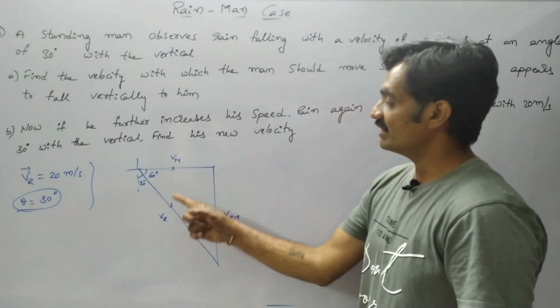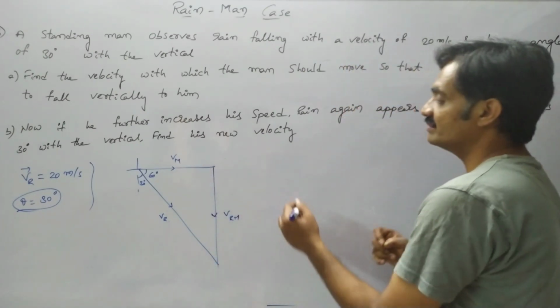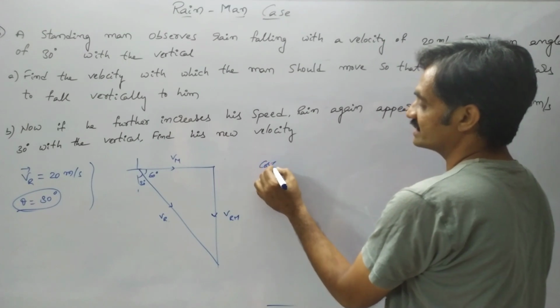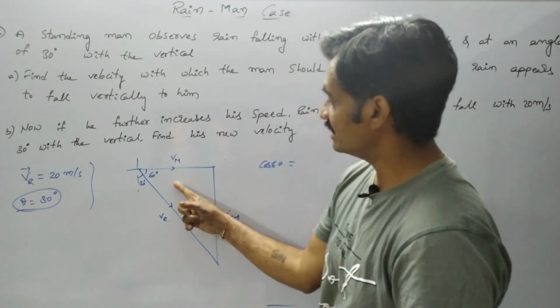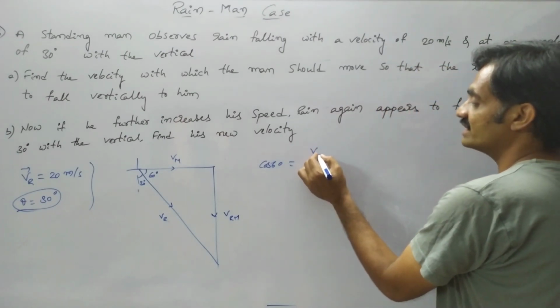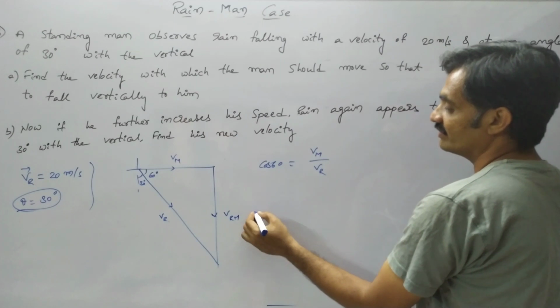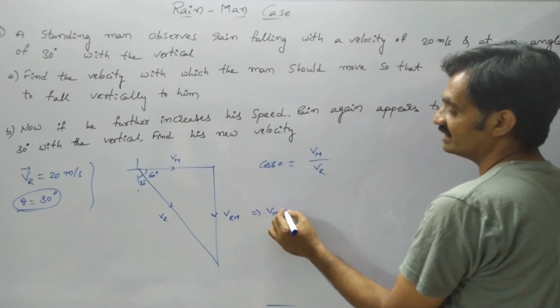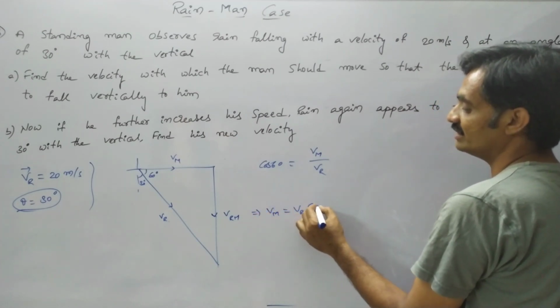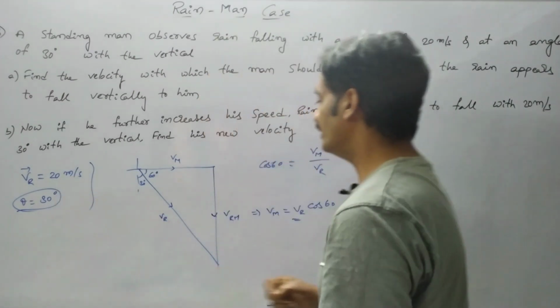Based on that, we now have to represent the velocity of the man. From this we consider cos 60, where cos 60 is adjacent side by hypotenuse, which is the velocity of the man by the velocity of the rain. From this we get the velocity of the man equals the velocity of the rain into cos 60, where the velocity of the rain is 20 meter per second.